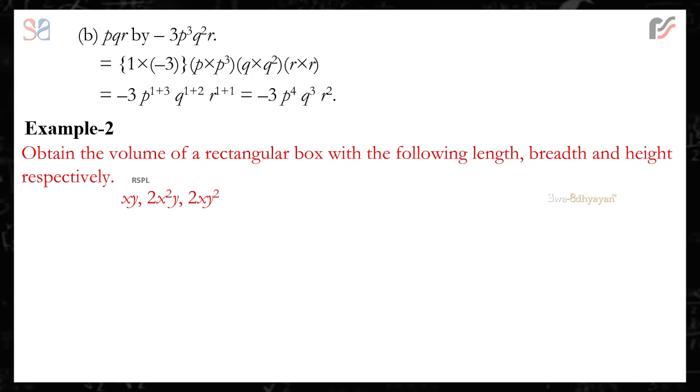Example 2. Obtain the volume of a rectangular box with the following length, breadth and height respectively: xy, 2x square y, 2xy square.